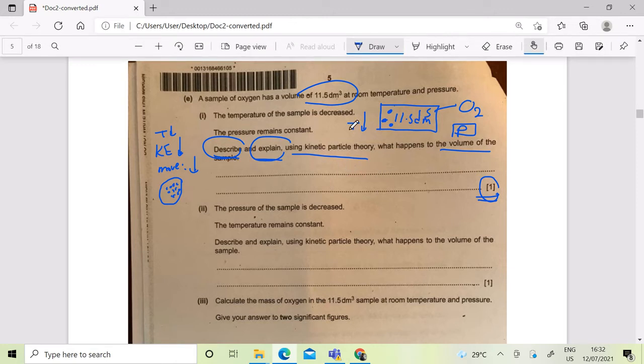So when the temperature decreases, the kinetic energy of particles decreases and particles move slowly or diffuse slowly.